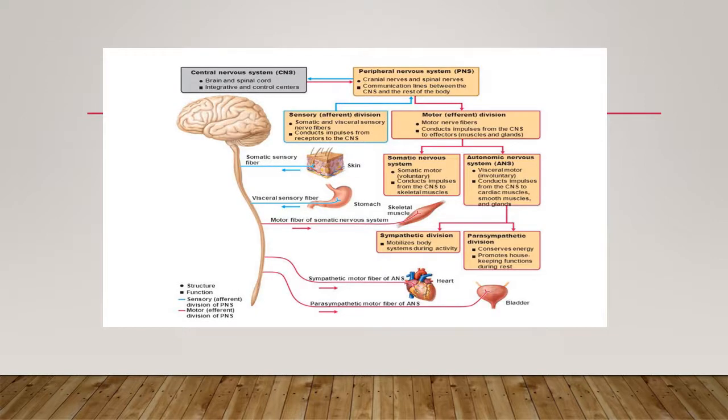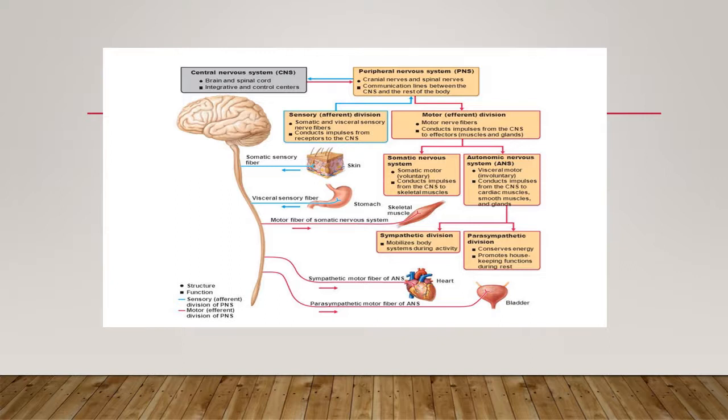Over here, the full brain with the spinal cord is given, and over here is discussed the central nervous system, the peripheral nervous system, the afferent and the efferent. Again, I repeat, afferent means which is coming to the brain, efferent which is going to the receptors.